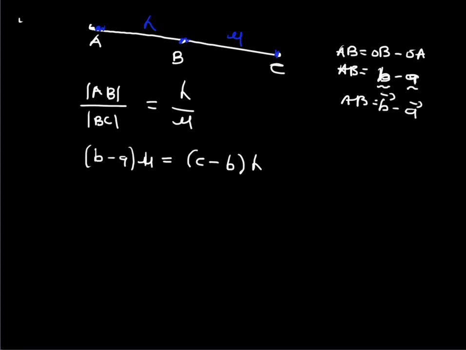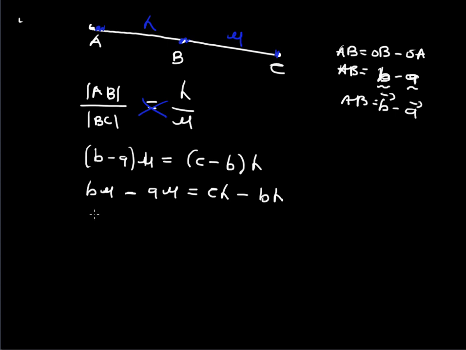All we are doing here is cross multiplying. Now, simplifying this expression, we get mu B minus mu A, and this is equal to lambda C minus mu B. Usually the scalars are brought in front, but let's take this as it is.